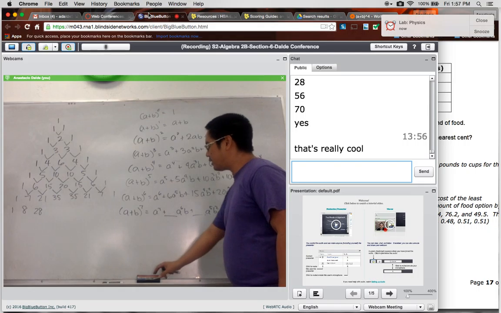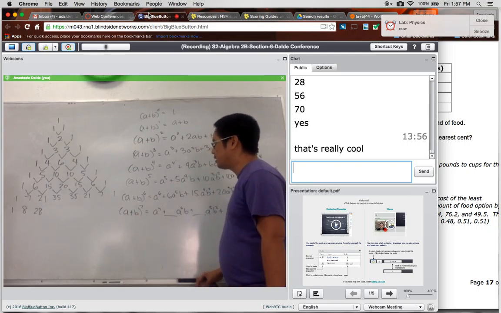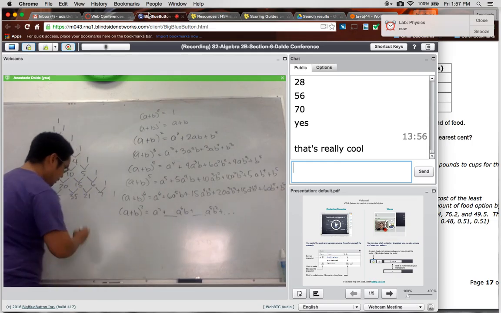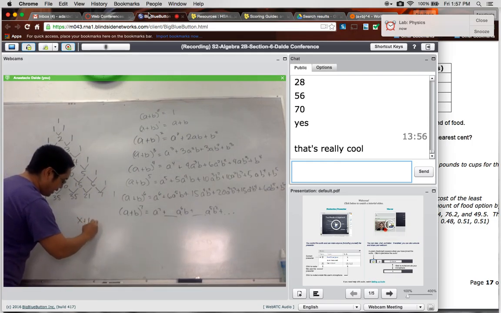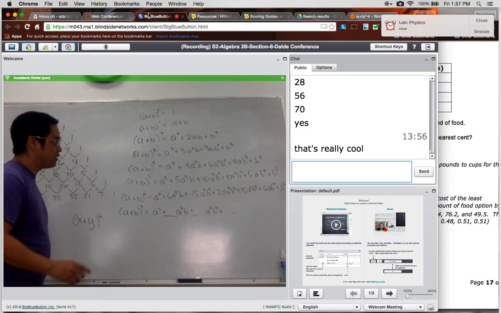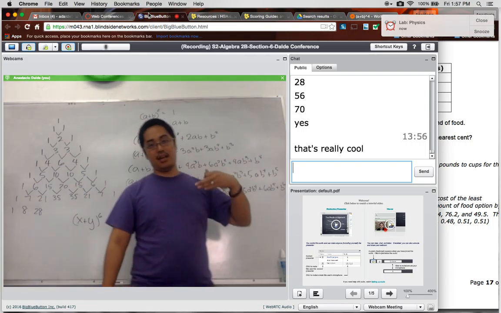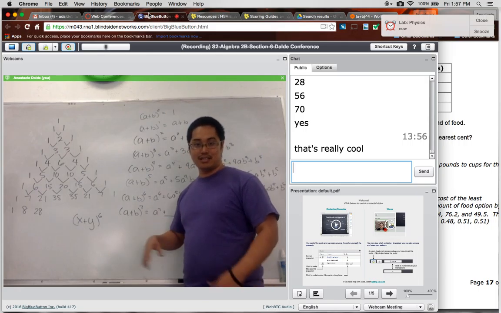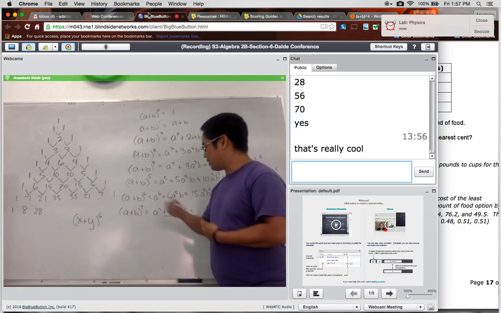But anyway, I think that the original problem said, what is the number of the fourth term of x plus y to the sixth power? And what I drew is either you could multiply out x plus y 6 times and get this equation by hand.